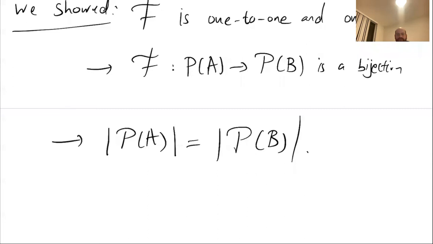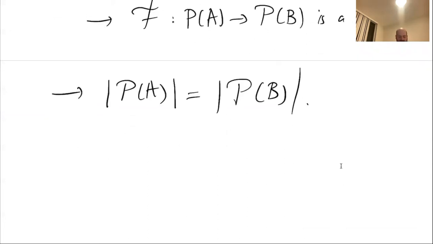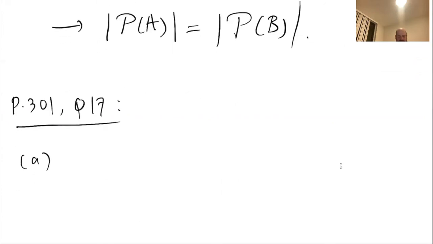Okay, now let's look at the next question, page 301, question 17. I want to add one part to it. So let's say part A, true or false. Justify.